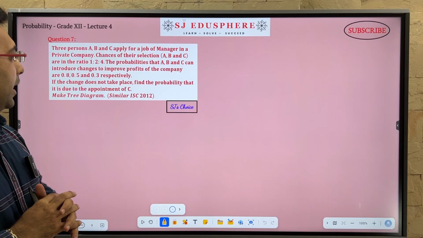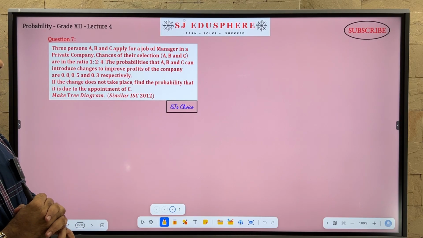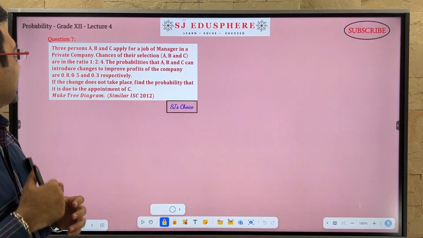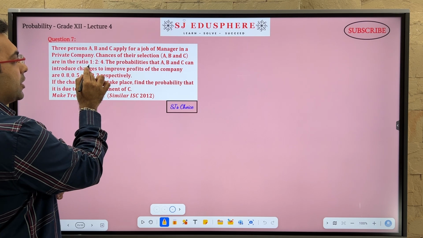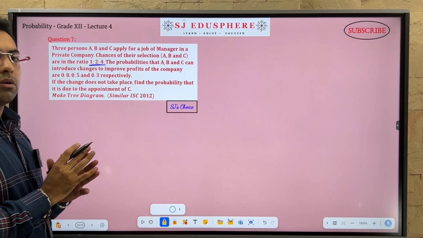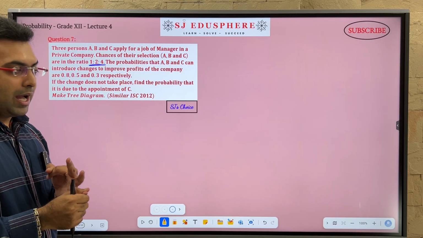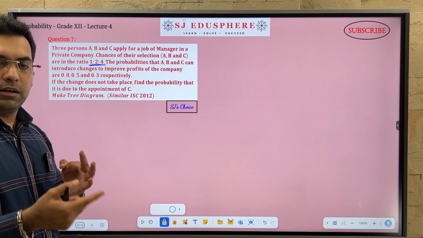Three people, A, B, and C, apply for a job of a manager in a private company. The chances of them getting selected is in the ratio 1:2:4. That means these are the only three people who are coming for a job, and one of them has to be selected.